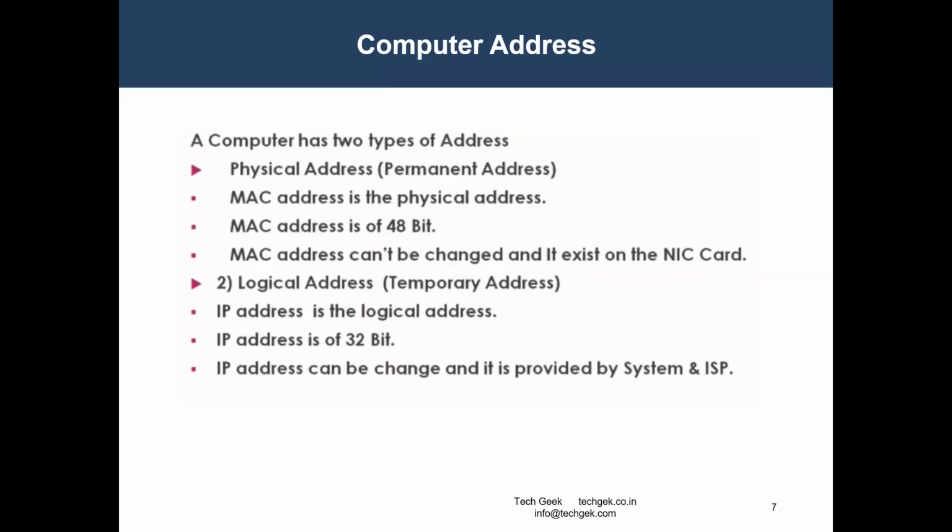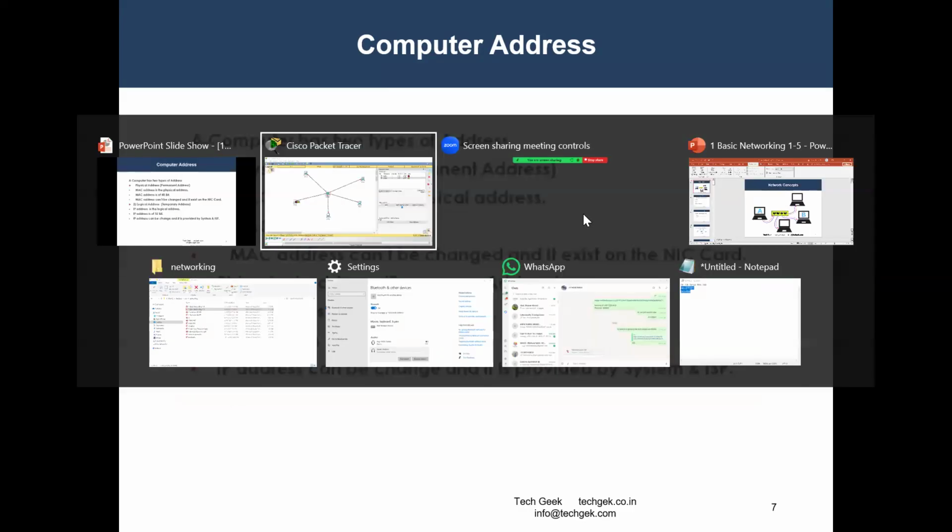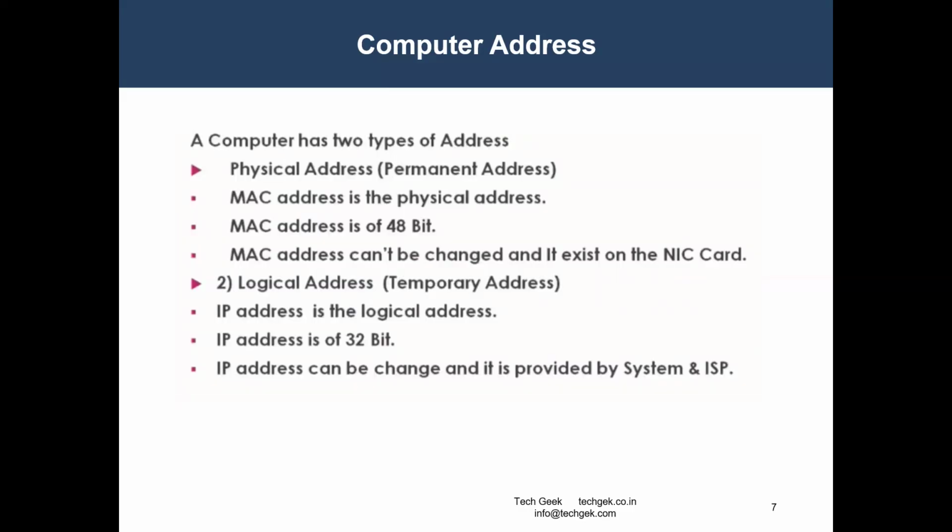A MAC address can't be changed. It exists on the NIC, the Network Interface Card. The logical address is a temporary address. The IP address is considered a logical address, which is 4 bytes or 32 bits, and it can change when we change the network. Obviously, if we have another network, then another IP address will be there. So this is how it works.